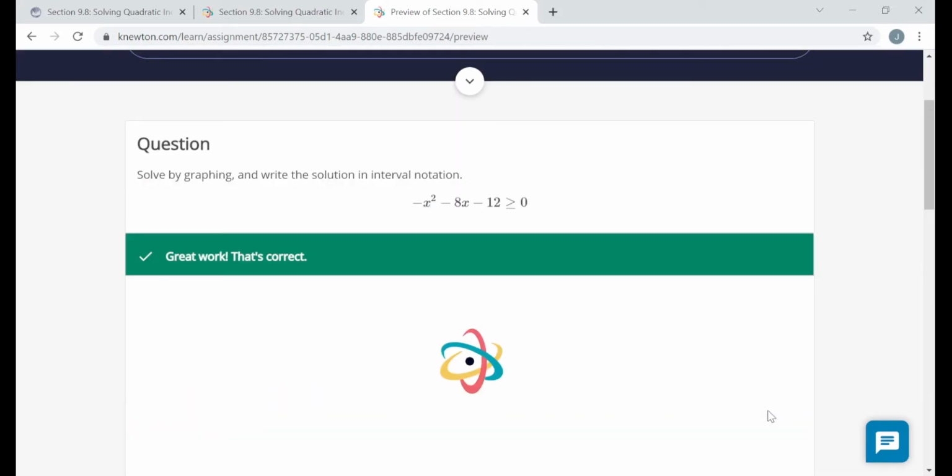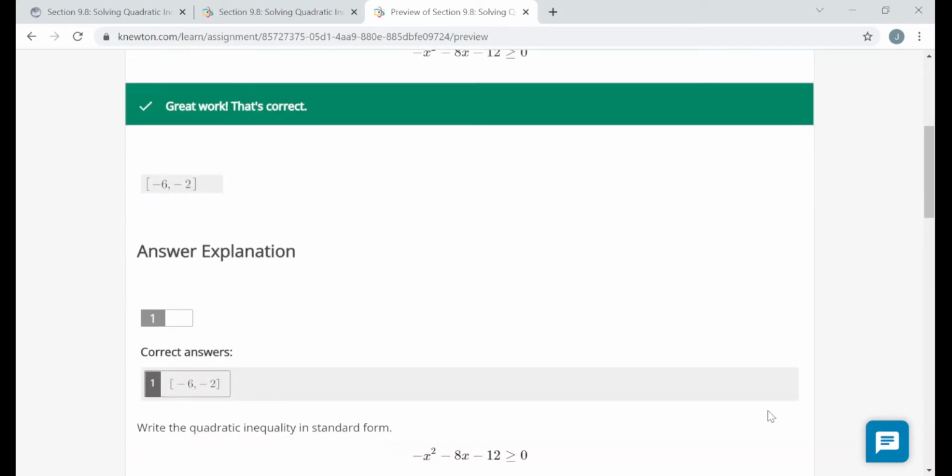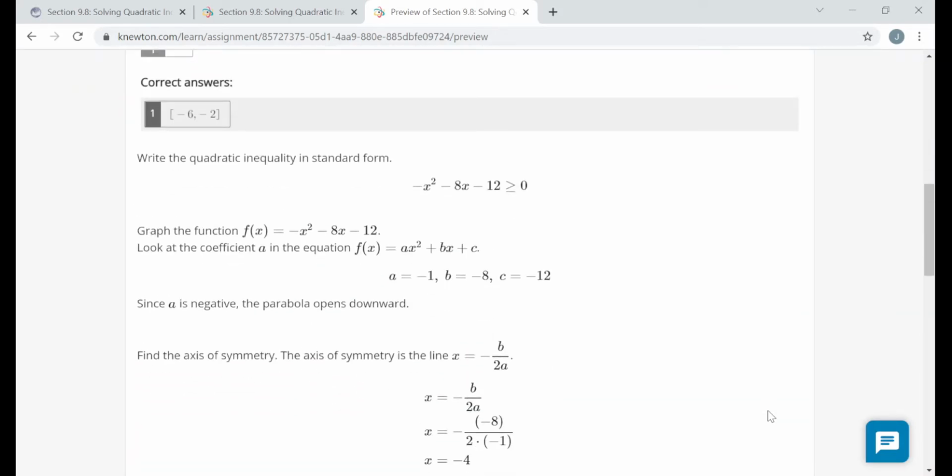Great. Alright, so yeah. Same steps for everything, every single one of these I was doing, right? You take everything to one side, 0 on the other, and then you're graphing a parabola, or at least making a rough sketch where I was finding the axis of symmetry, the x-intercepts, if there were any.